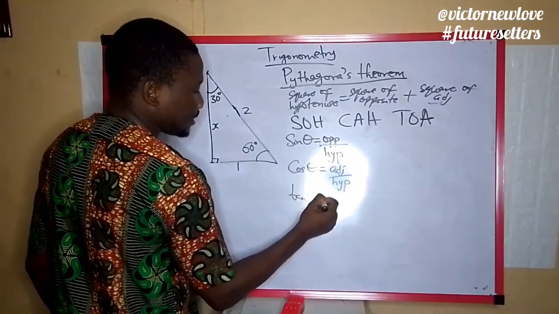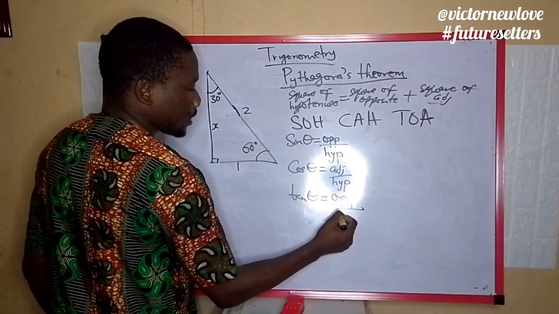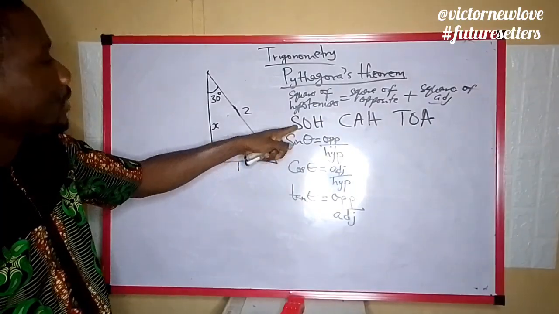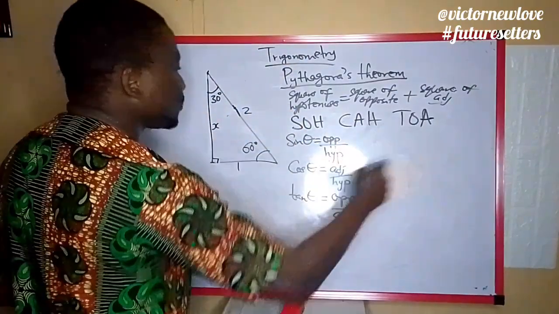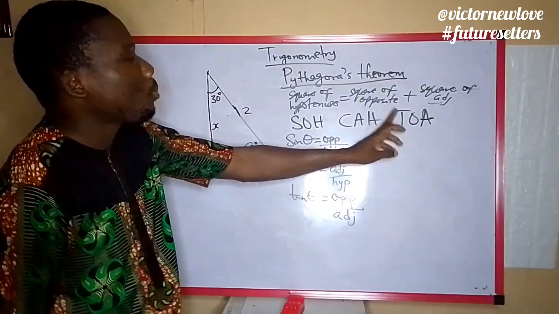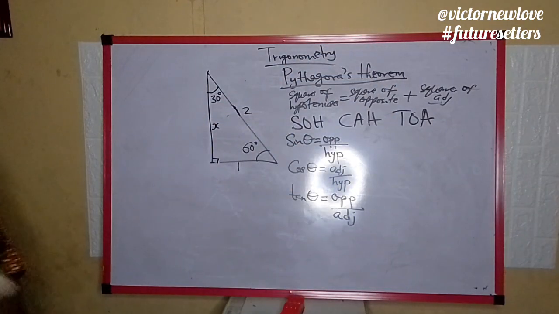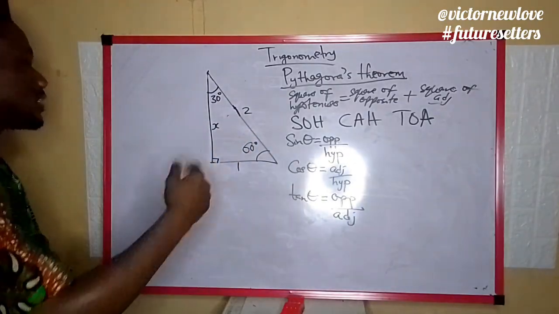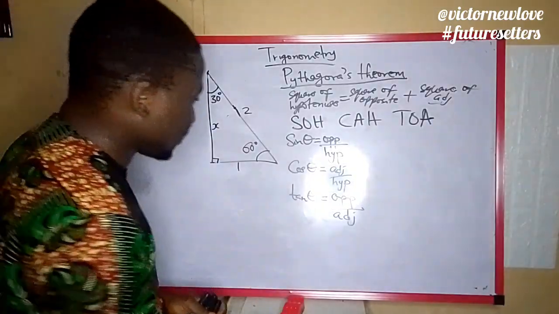Tan theta is equal to opposite over adjacent. Take note of this valuable point.